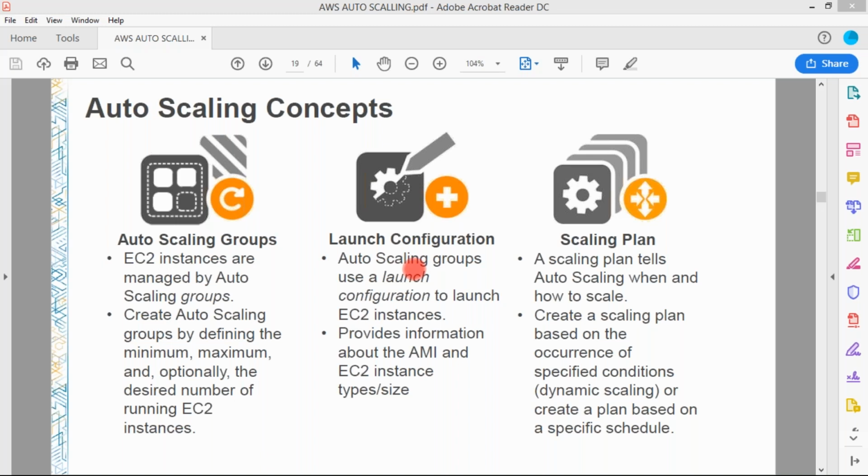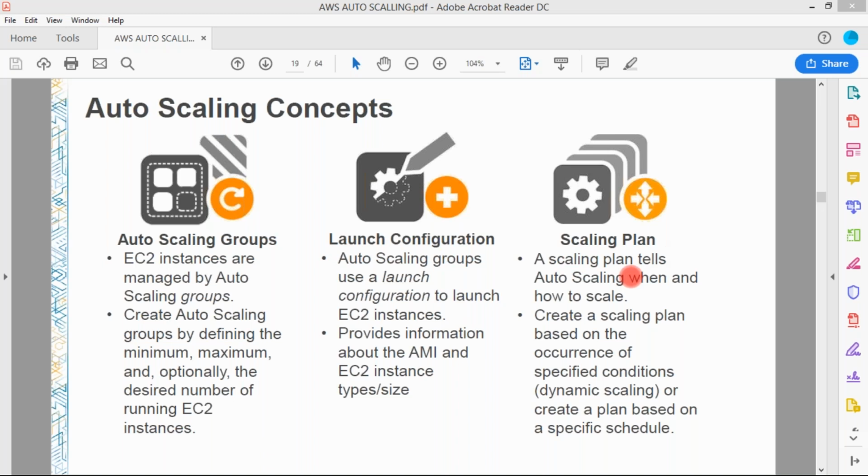So that is the important prospect: what kind of launch configurations, what kind of things you have provided to the instance, the same configurations will be used for the new instances. It provides information about the AMI and the EC2 instance type and size. These are very important, because if you do not define all these things, the auto scaling group is going to increase the number of instances but does not know what kind of configurations need to be provided, right? And what type of billing is coming. So you need to define the launch configurations at the same time.